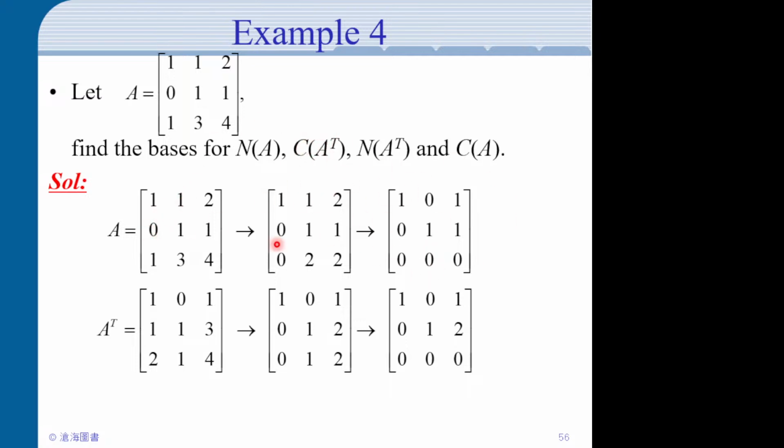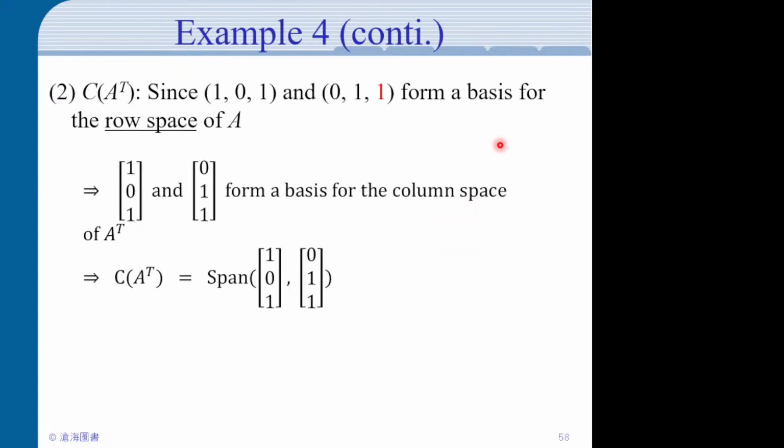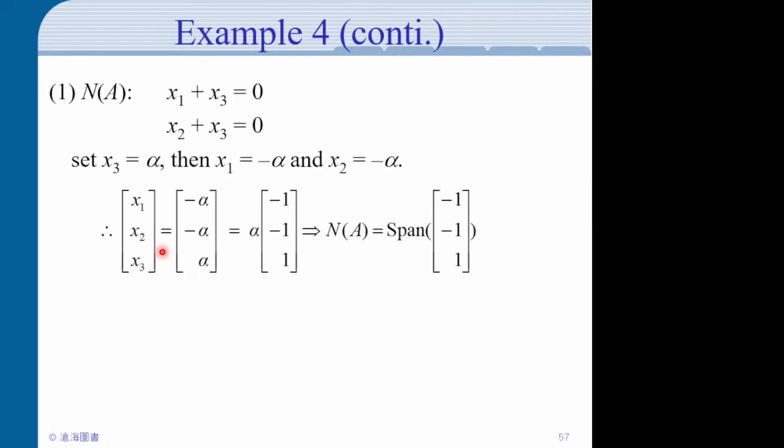The column space of A transpose is the row space of A. And the row space of A is the row space of this thing, so it's spanned by those two rows, but you need to transpose, so it is (1, 0, 1) and (0, 1, 1). Those are the row space, and you transpose, then that's the column space of A transpose.